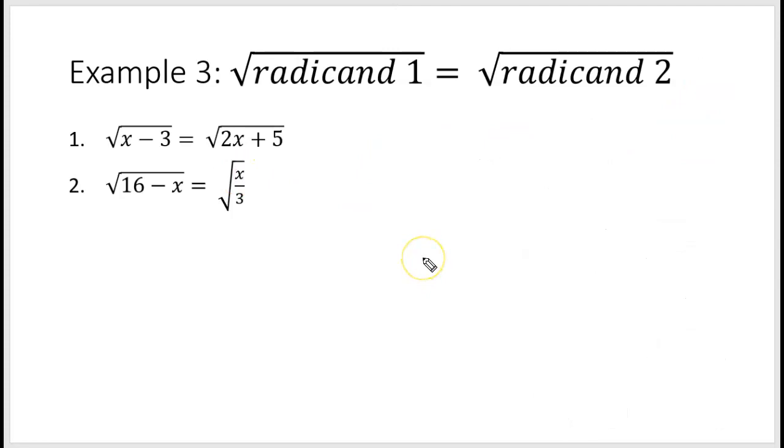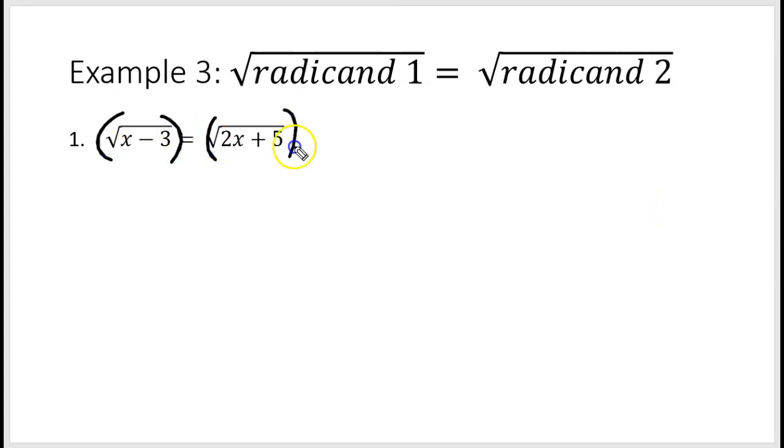I will show you. So first of all, let's go ahead and do the first one. I'm writing space here for myself. In this case, you'll notice that there's no numbers outside of the square root. And so because of that, we're just going to start by raising both sides to the appropriate power. Since these are square roots, we're going to raise both sides to the second power.